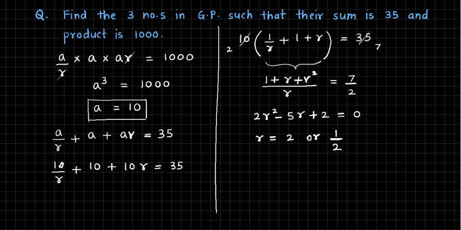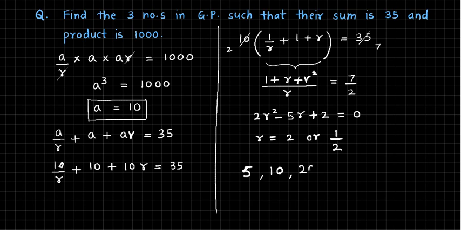Alright. So now let us see. We have the middle number A, which we have already discovered is 10. Now if the ratio we consider as 2, common ratio is 2, then the first term will become 5 and the third term will become 10 into 2, which is 20.